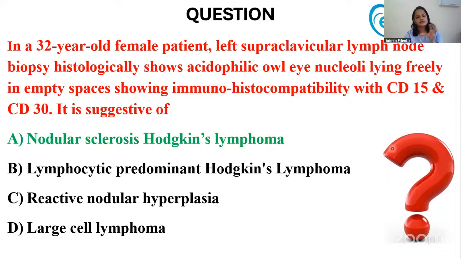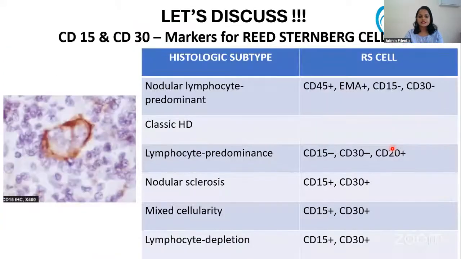And in the nodular sclerosis type, immunohistochemistry shows positivity for CD15 and CD30. So the right answer is the nodular sclerosis type of Hodgkin's lymphoma.